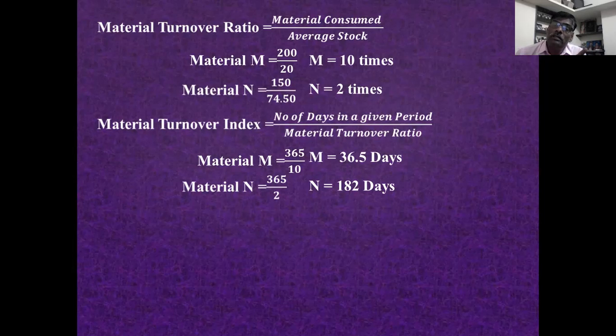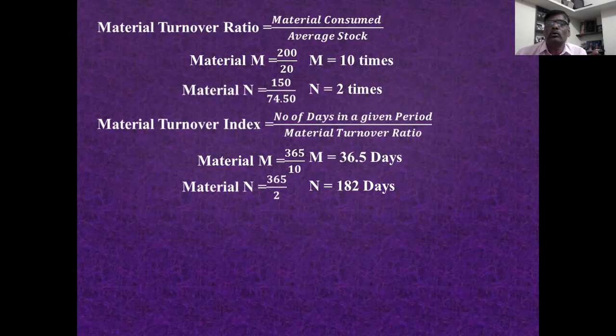And regarding N, he is to purchase for every 6 months. He can take 6 months rest and purchase for the next order. This is the point you have to clear to the purchase manager.